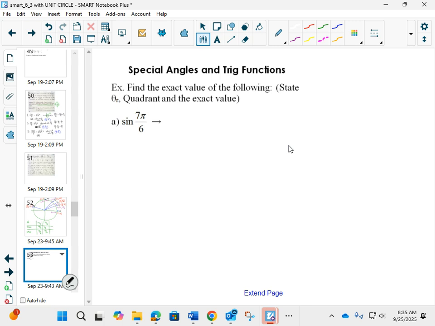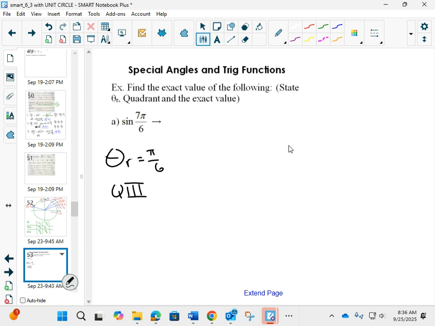And then if you know quadrant 1 really well, then if you get a question like this, what's sine of 7 pi over 6? In your brain, you already know your reference angle is pi over 6. And since the 7 is one more than the denominator, we would know that it's in quadrant 3.